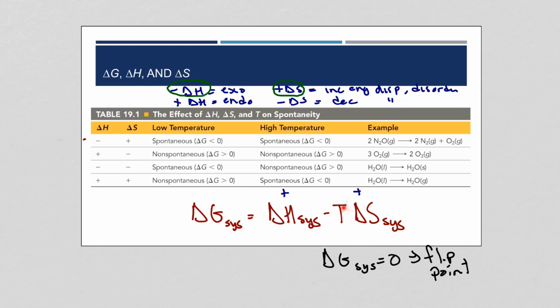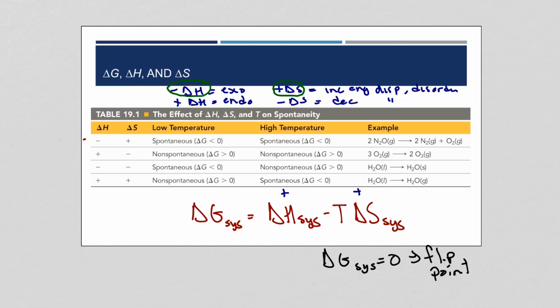But eventually, as temperature gets higher, this term becomes bigger than this. And so when we do a positive plus a negative, the negative term becomes bigger, making delta G negative, and the reaction becomes spontaneous. So these kinds of processes, for example, vaporization, become more spontaneous at relatively higher temperatures.